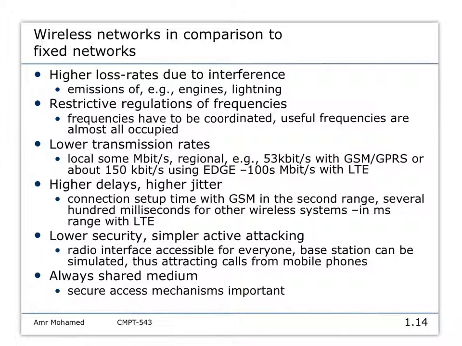Well, wireless signal, unlike wired signals, has a higher possibility of loss due to interference, because the wireless signal is just like an electromagnetic wave in the air. So it gets affected by everything in the environment. It gets affected by all the obstacles. So there are many, many sources of external interference that affect the wireless signal.